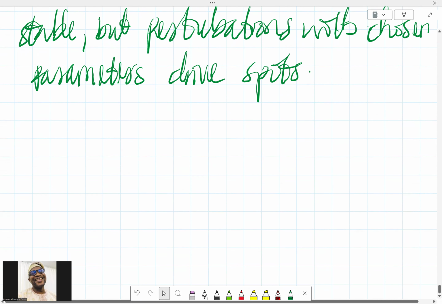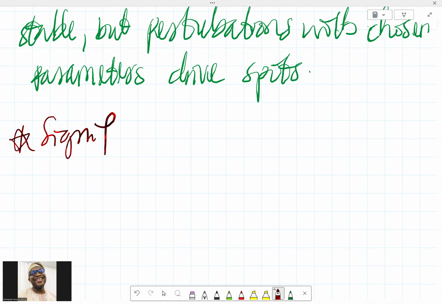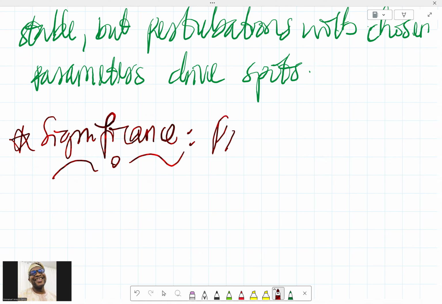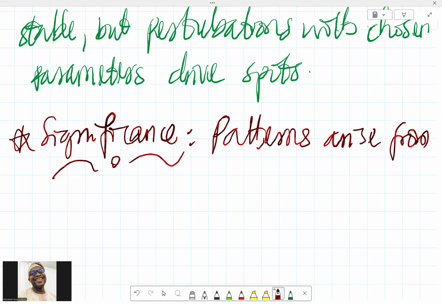So what is the significance of the Gray Scott model, which is a pattern formation model? The significance of that tells us that patterns arise from instability of 1 comma 0.